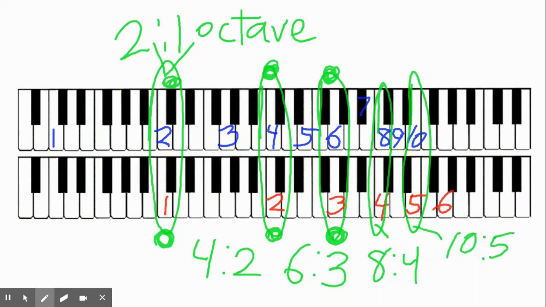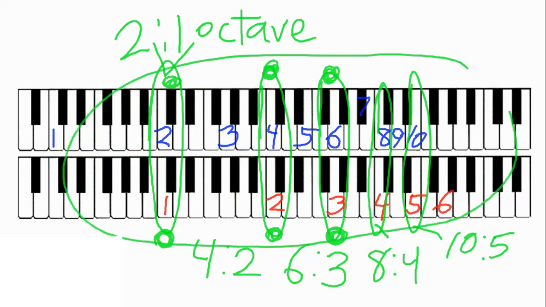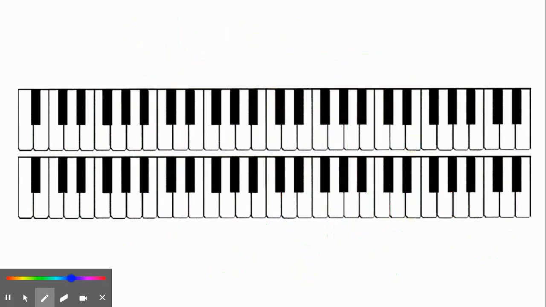The reason you can't line all these up at the same time, I will be explaining in a future video about inharmonicity and the harmonic series itself. It's a spiral. It doesn't do exactly what you think it might do, as I've mentioned in a previous video, and I will explain more of that soon. But for the moment, just know you cannot line all of these up all at the same time on a piano.